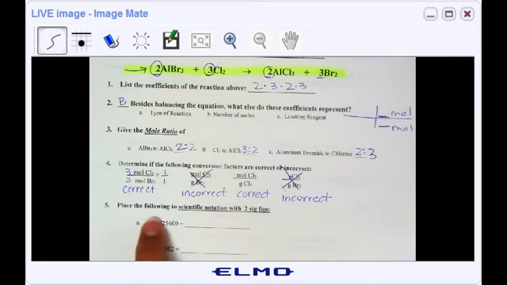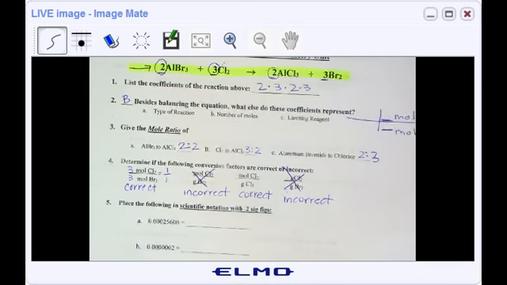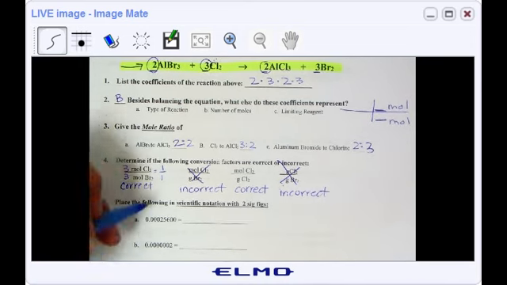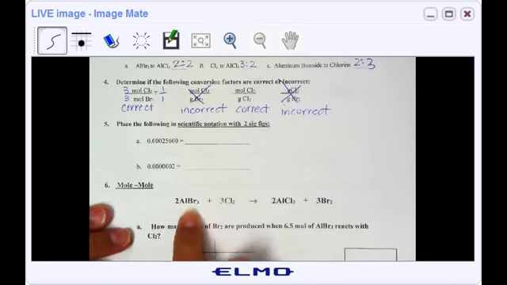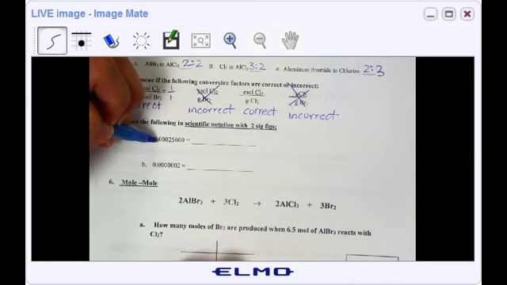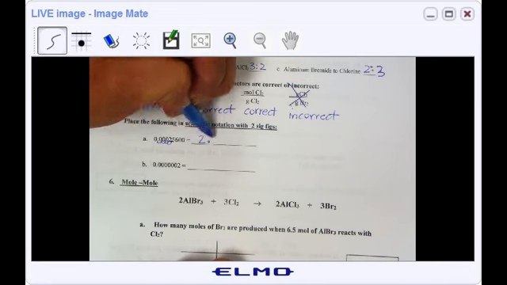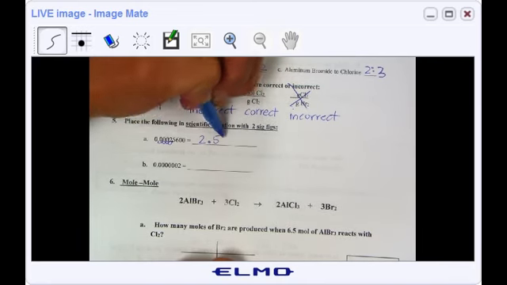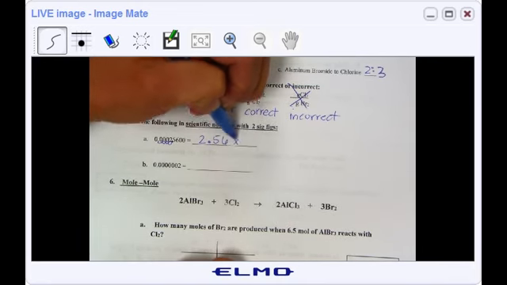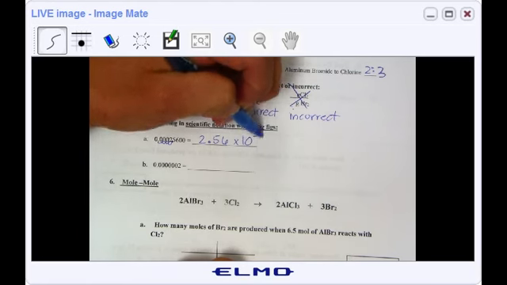Number 5, place the following in scientific notation with 2 sig figs. Scientific notation, you begin with the decimal point and you go in between the first two numerals. 1, 2, 3, 4. 2.56 times 10 to the negative 4.